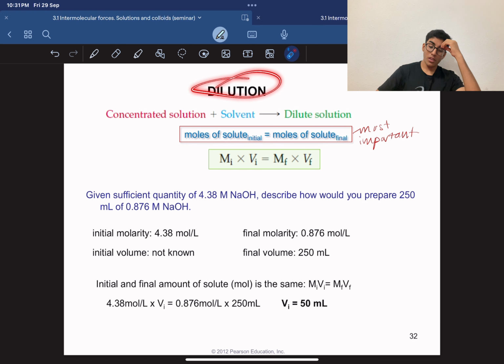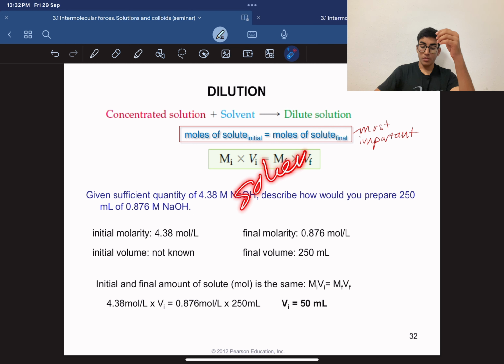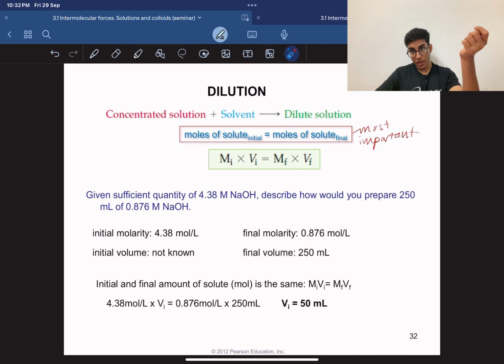Dilution concept. Let me explain it to you. You take a concentrated solution. That means the amount of solute is more than solvent, or in high quantity. You add solvent into it, it becomes a dilute solution.